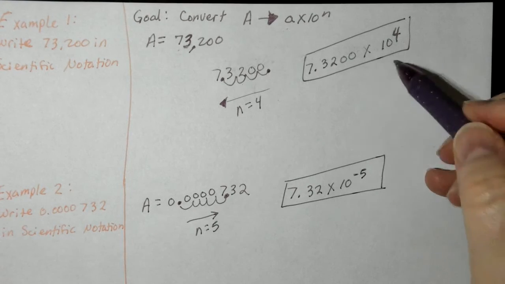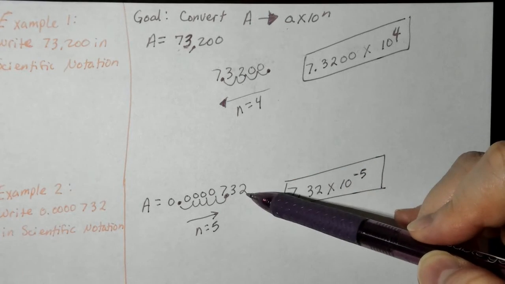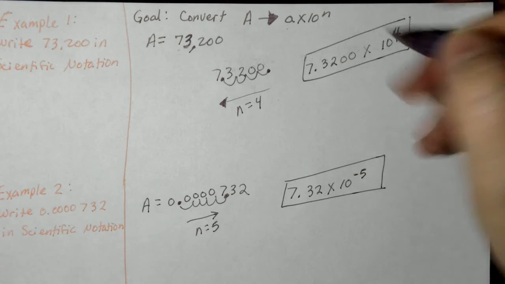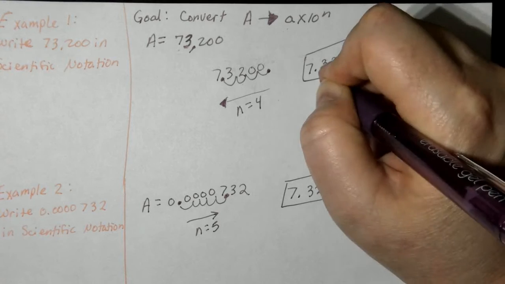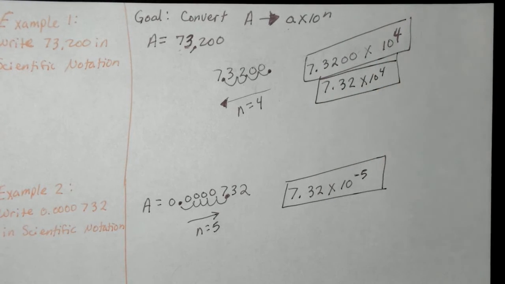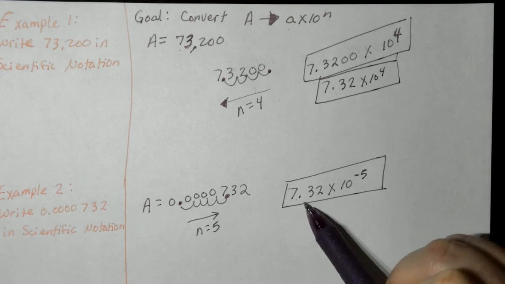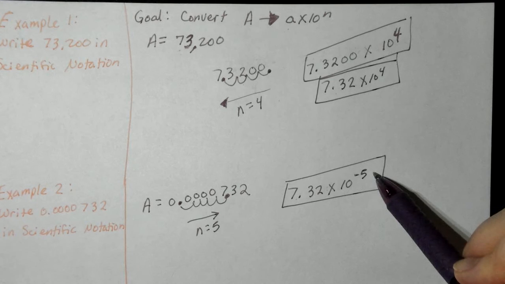So if you notice in these two examples, they both use the same numbers, 732 and a whole bunch of zeros. Actually, I'm going to write this better. I don't need those zeros anymore, so I'm going to get rid of them. So both of these answers are 7 and 32 hundredths times 10 to a power.